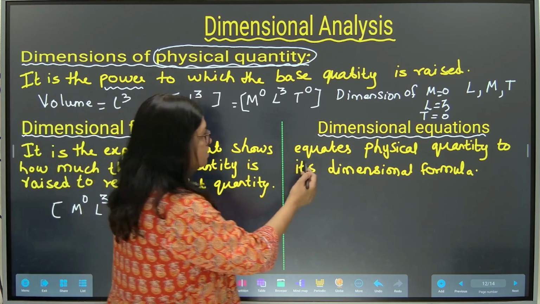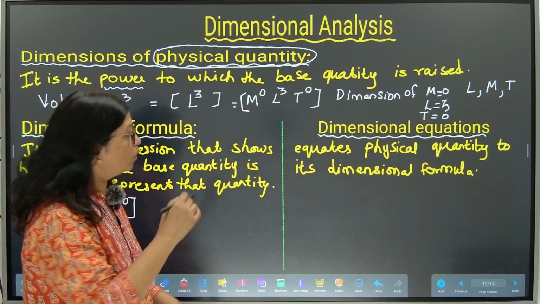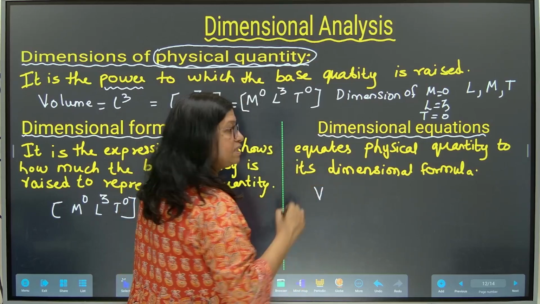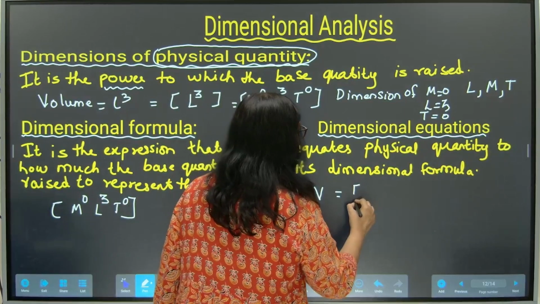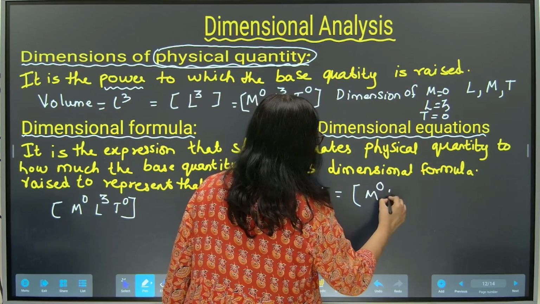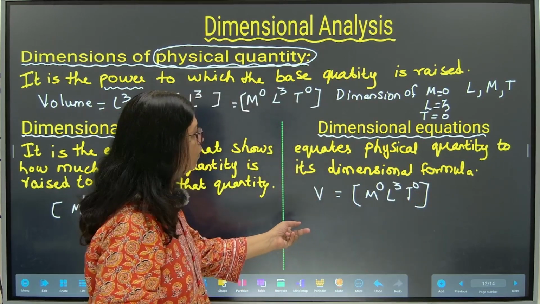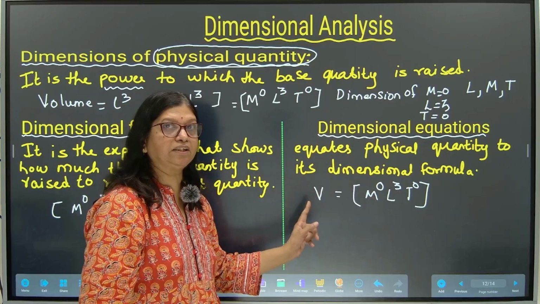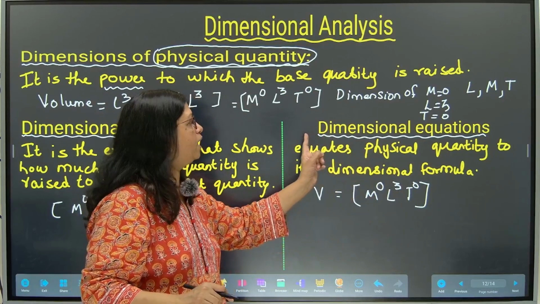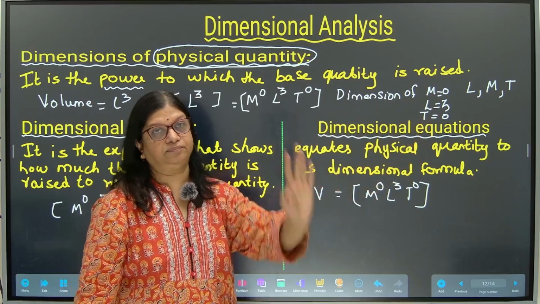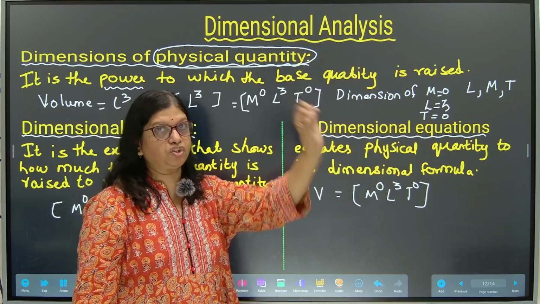When we equate the physical quantity, which physical quantity are we talking about here? Volume. So when we equate the physical quantity to the dimensional formula which we got just now, then we have equated the physical quantity to the dimensional formula. V is the symbol of volume. So this equation is called a dimensional equation. Clear? So 0, 3, 0 are the dimensions.